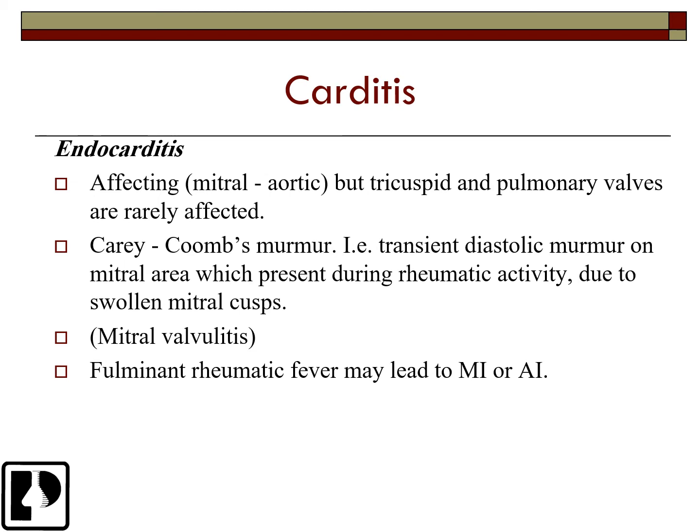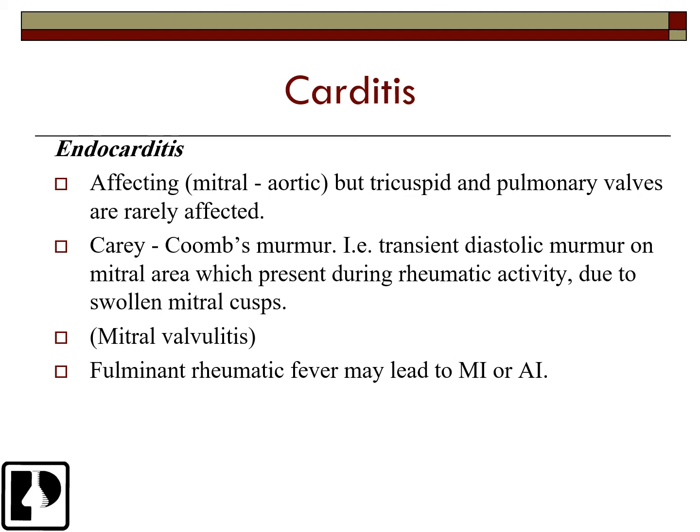Carditis, the third type, is endocarditis. Endocarditis affects the mitral and aortic valves, but the tricuspid and the pulmonary valves are rarely affected. Why mitral and aortic? Because the pressure of the blood here is very high, so it can carry the bacteria and make it easy for bacteria to attach to the valve.